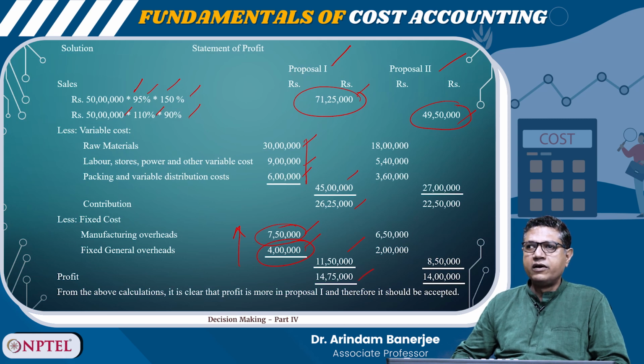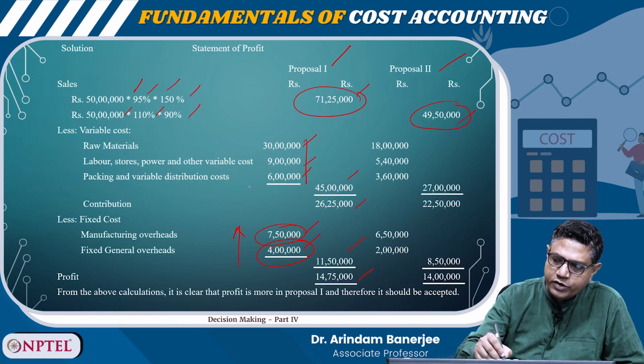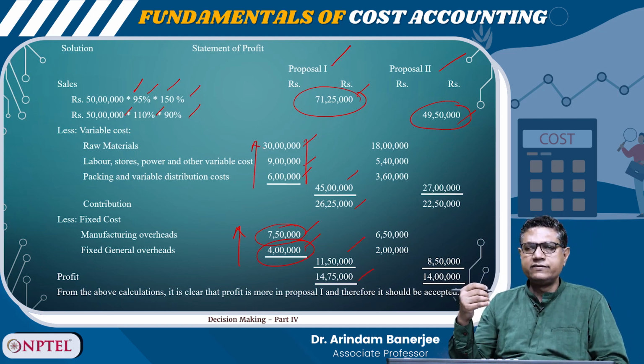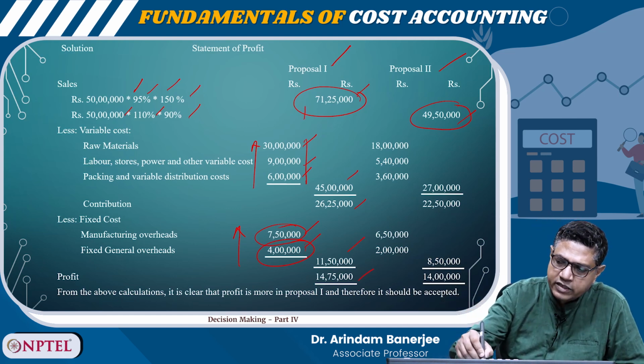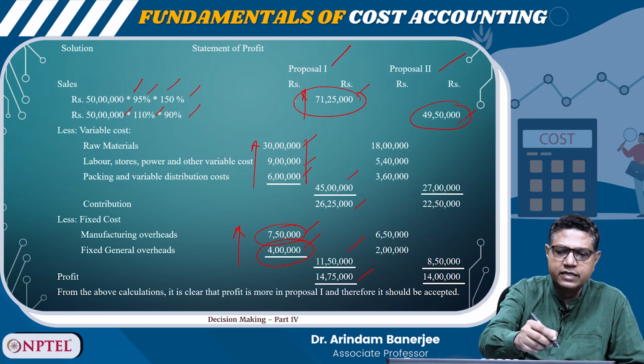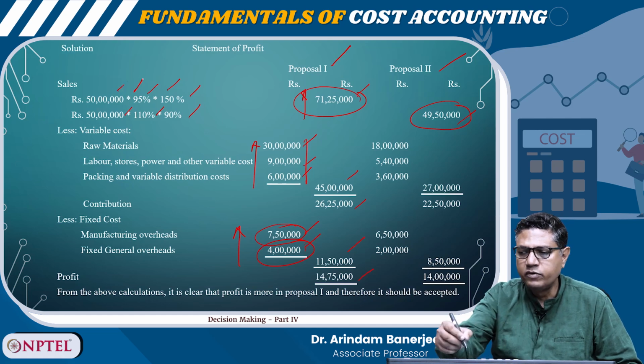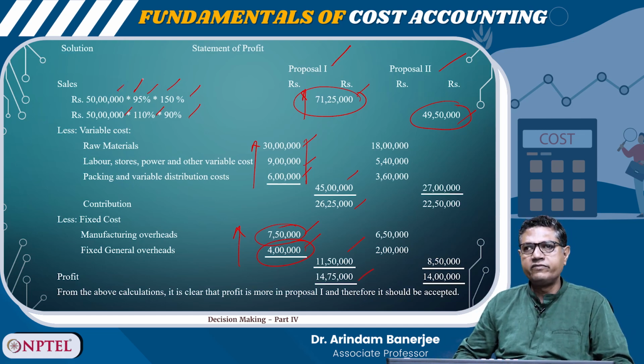And of course, variable cost is also increasing, because variable cost changes in proportion to the sales volume. But though these costs are increasing, my sales is also increasing. My earlier sales was 50 lakh, now it is becoming 70 lakh 25,000.